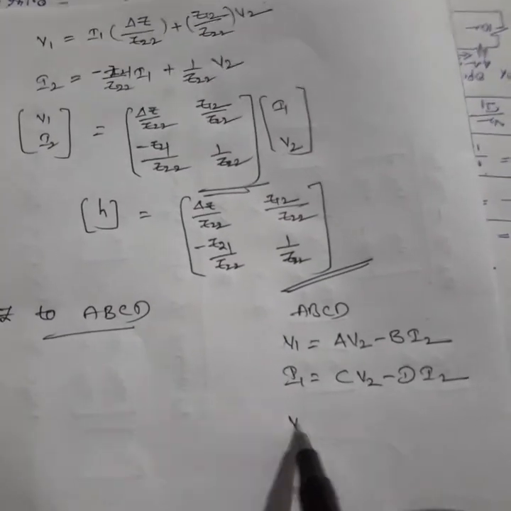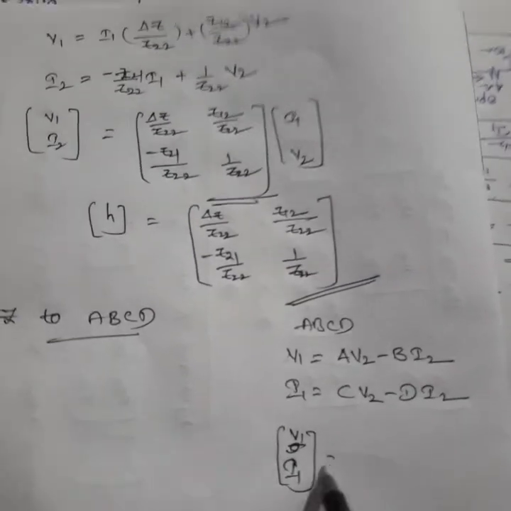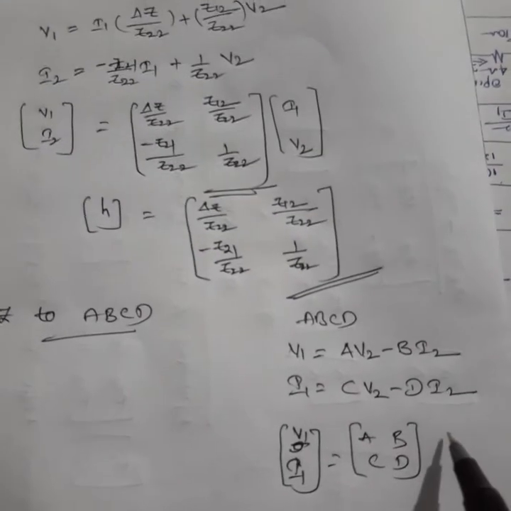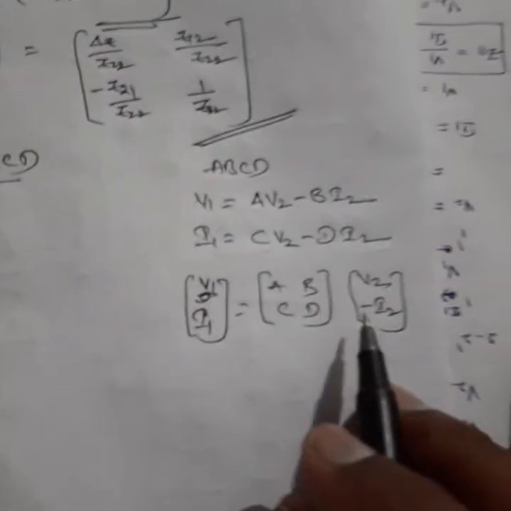This is written as V1, I1 in matrix form equal to A, B, C, D times V2, minus I2 in matrix form. So this is the main analysis.